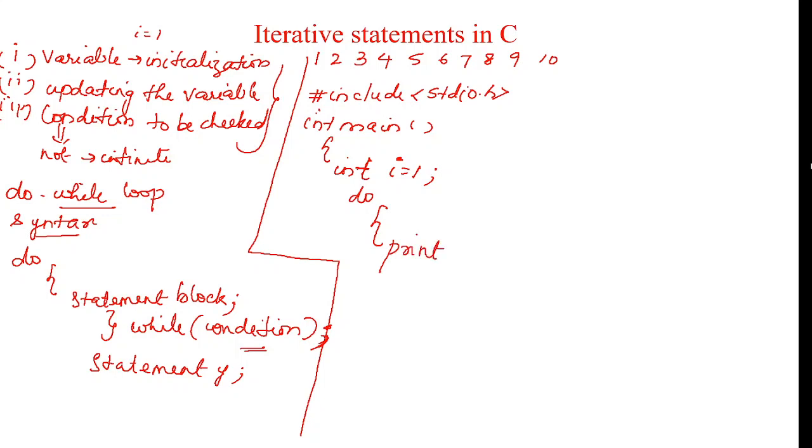You are going to print the value of I. Do %d. What is the reason you are using %d? Because it is an integer. So %d will be replaced by the value of I. Now the next step is increment. You have done initialization, now you have to do the updation. So I is equal to I plus 1.